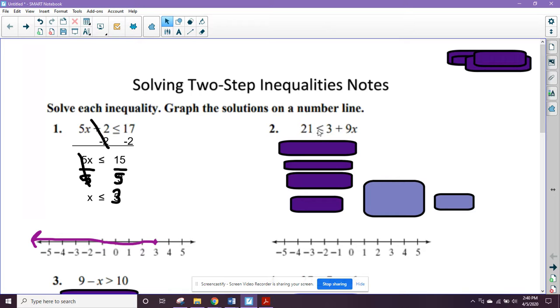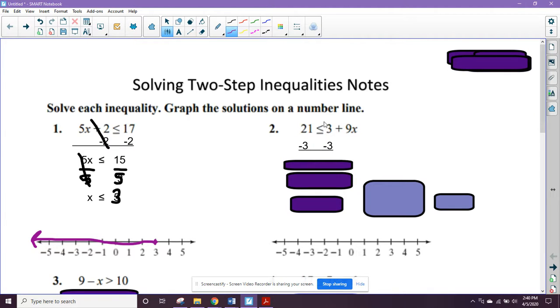21 is less than or equal to 3 plus 9x. Our x is on the right-hand side here. Our loose number is 3, so we have to subtract 3 from both sides. When we subtract 3, our 3's cancel out. So 21 minus 3 gives us 18.